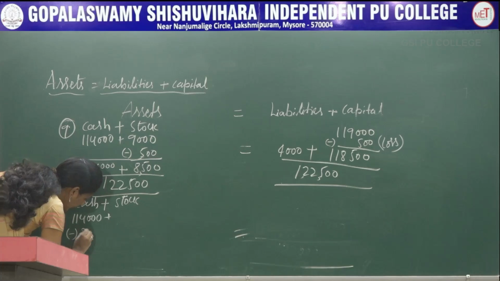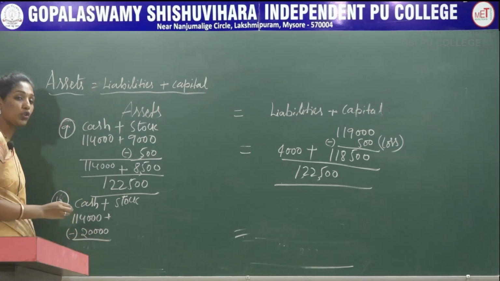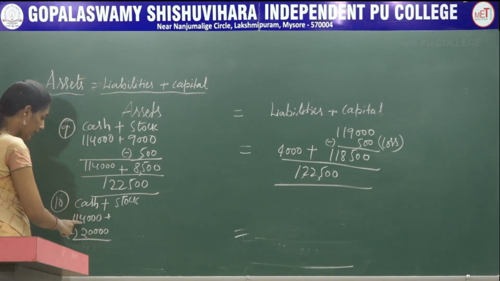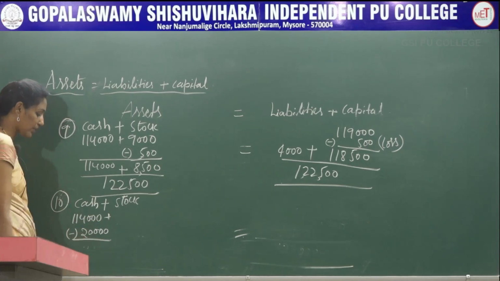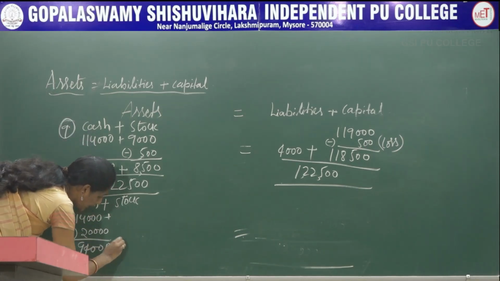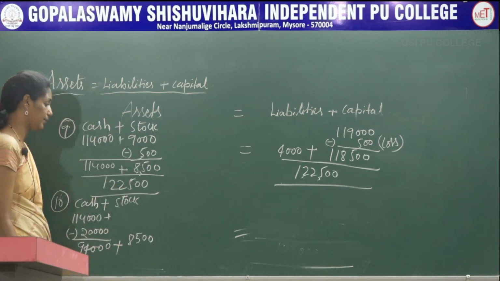What is the actual cash balance now? 1,14,000. Deduct 20,000 because 20,000 is withdrawn from the business for personal use. 1,14,000 minus 20,000, you will get 94,000 plus what is the stock value? That is 8,500.